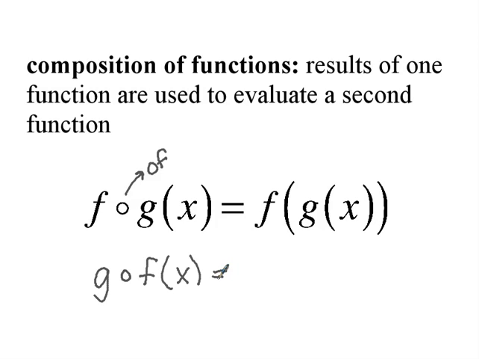G of f of x. So this means a g, and then you've got an f of x function. It's important that you get that down, what these equal, because we're going to use those when we get into solving some of these problems.